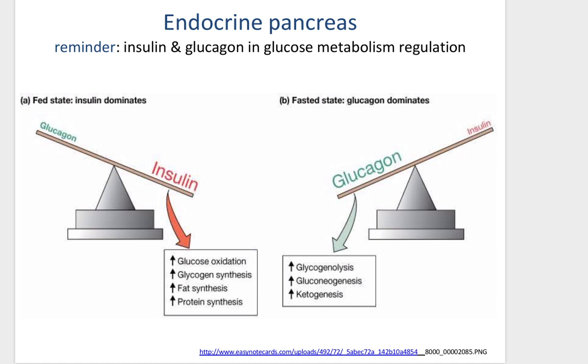And glucagon has mostly opposite effects with increased glycogenolysis, increased gluconeogenesis, and ketogenesis. And general glucose homeostasis is connected with the balance of these hormones.